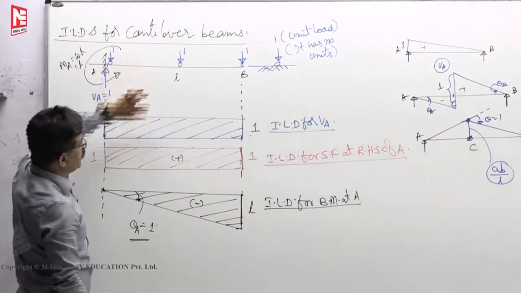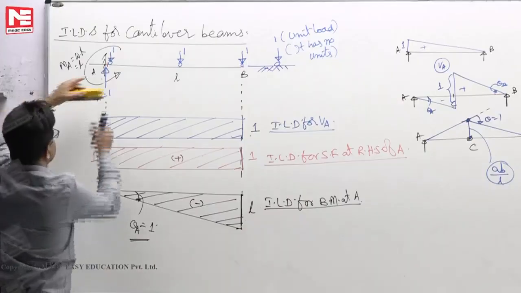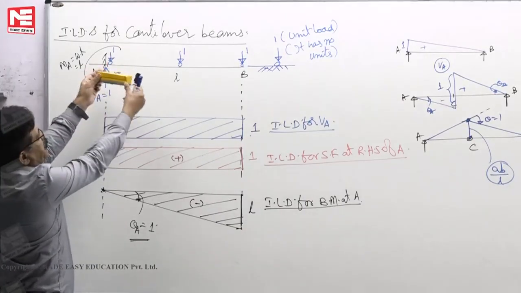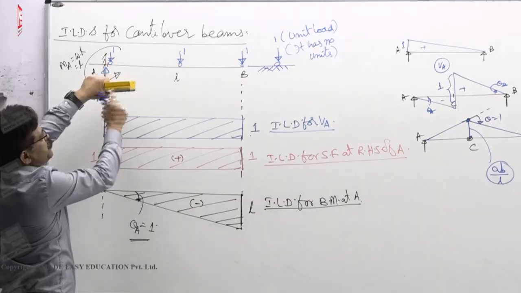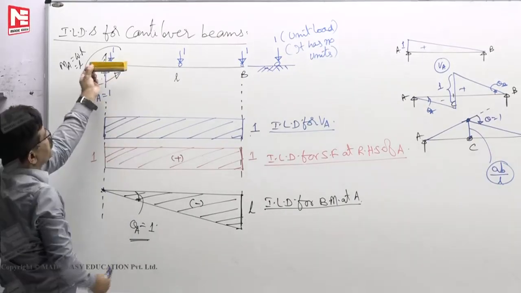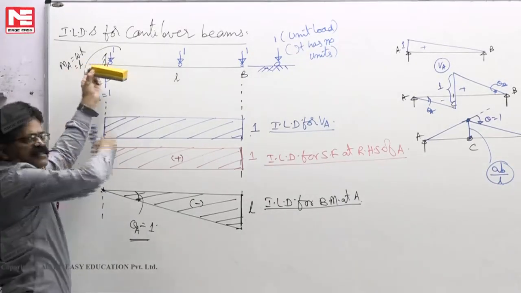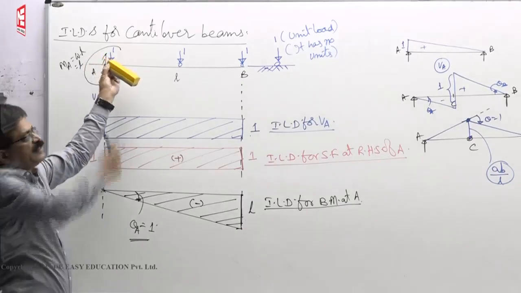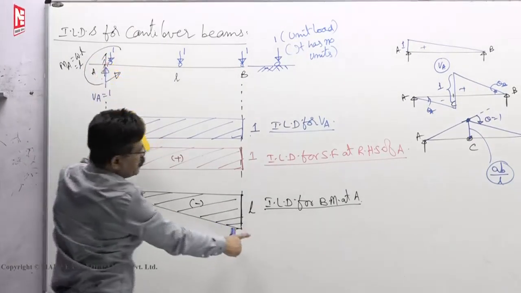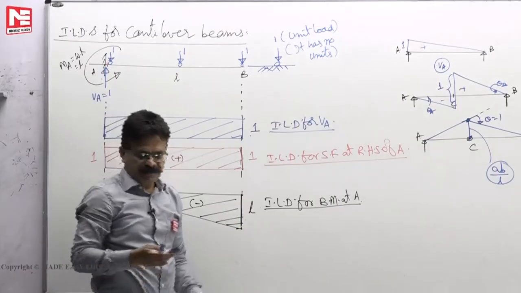Without lifting also I can get unit rotation. See like this. This is the cantilever beam, fixed is there. Without removing the reaction, assume a hinge there now. That means hold it like this. Don't give 360 degrees rotation, only unit rotation like this. Then the deflected shape of the beam itself is the ILD for bending moment at A.